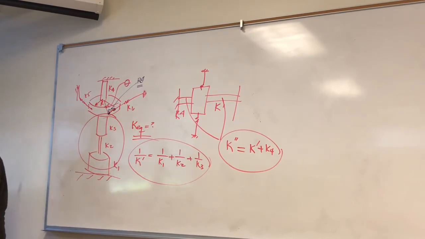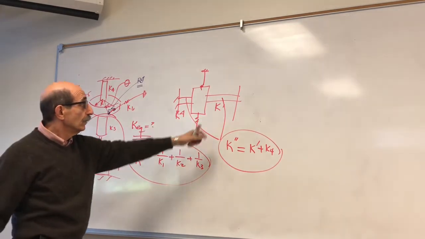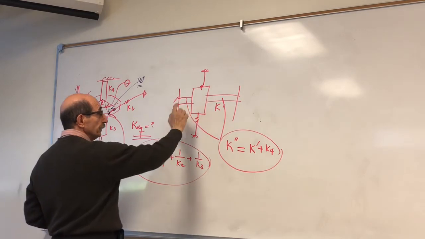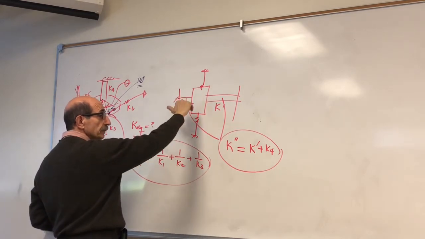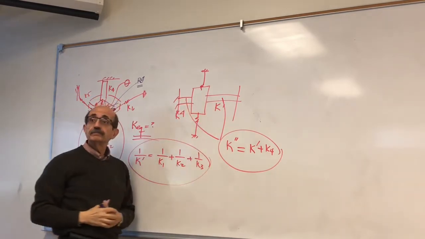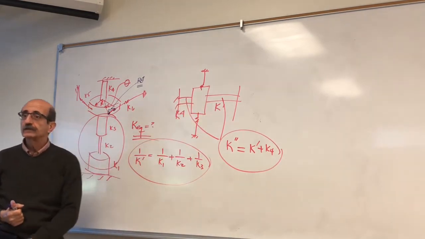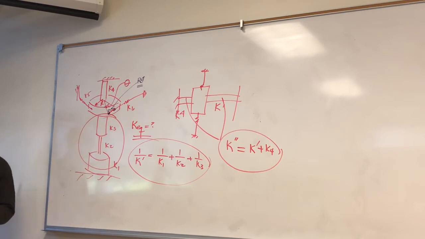Yes? Would you mind briefly explaining why K4 and K prime are in parallel? They're in parallel because they are experiencing the same displacement. You cannot say they are experiencing the same force. Any other questions?